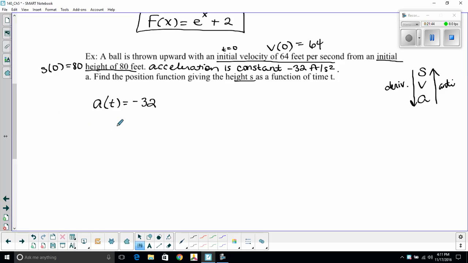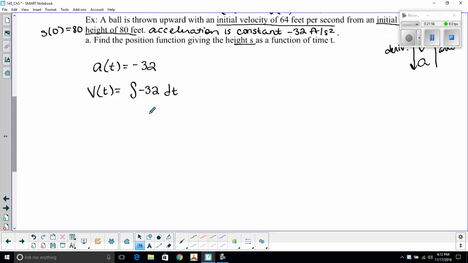All right, so the antiderivative, so v of t would be the antiderivative of negative 32 dt. Because we're talking about time here, that's like x here. Well, that would be negative 32t plus c.